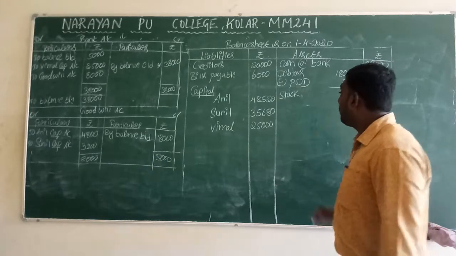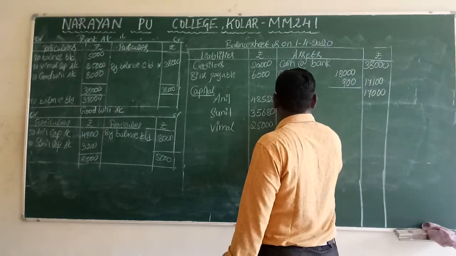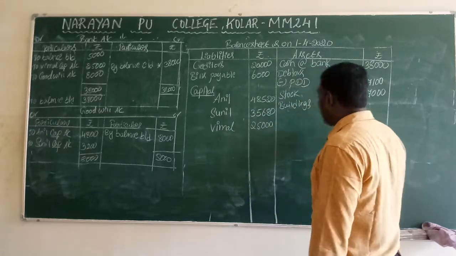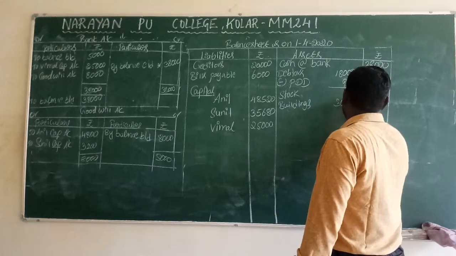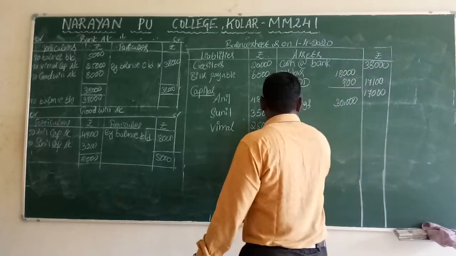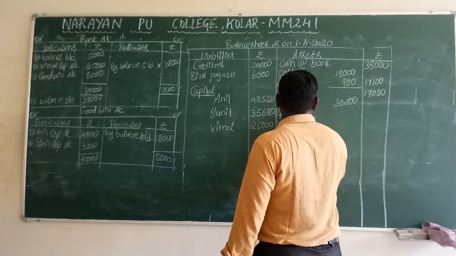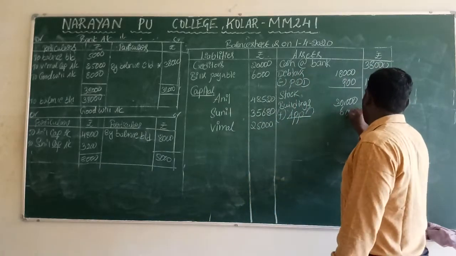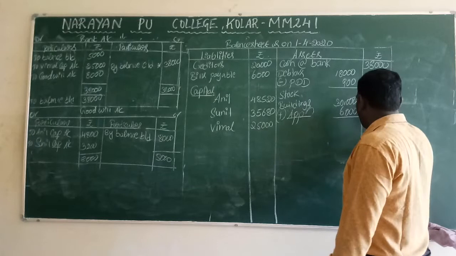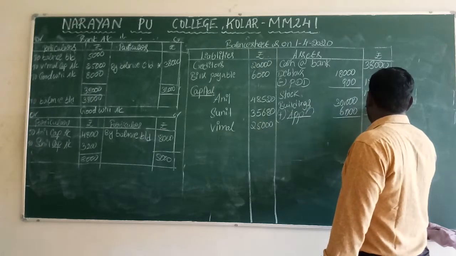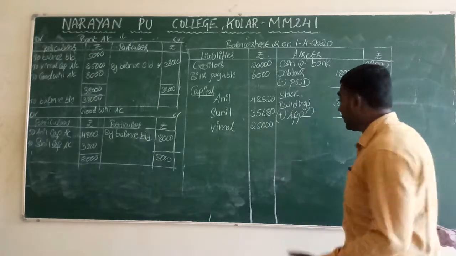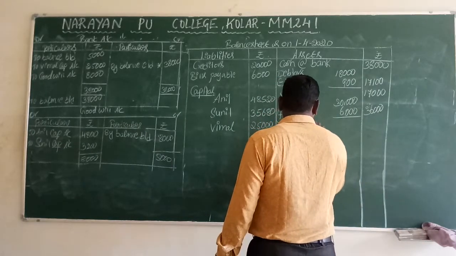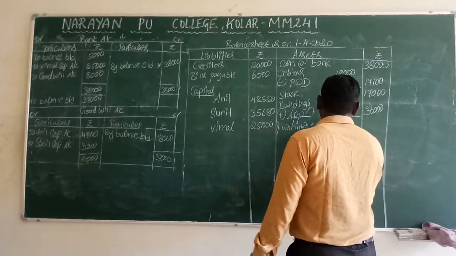Next, buildings. For this an adjustment is there. The value of buildings is 30,000, which is available in our old balance sheet. For this, we should add appreciation. The value has increased, that is appreciation of 6,000 rupees. Totally 30,000 plus 6,000, we get 36,000. After that, furniture. The value of furniture is 10,000.